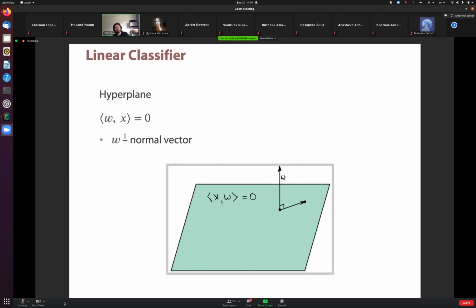How does it look? We have a hyperplane, which is defined by all values of x for given weights for which this summation is equal to 0. The role of the weights here is that they form a normal to our plane.